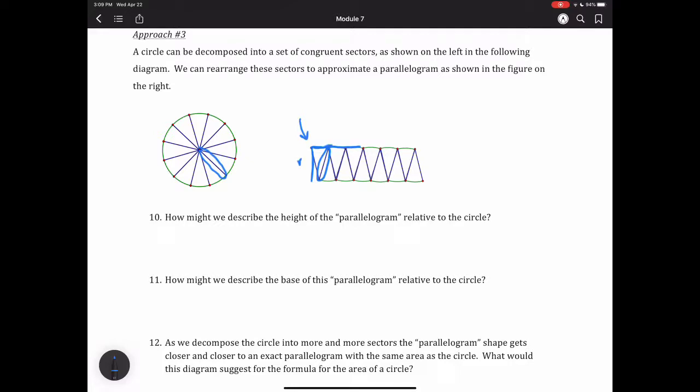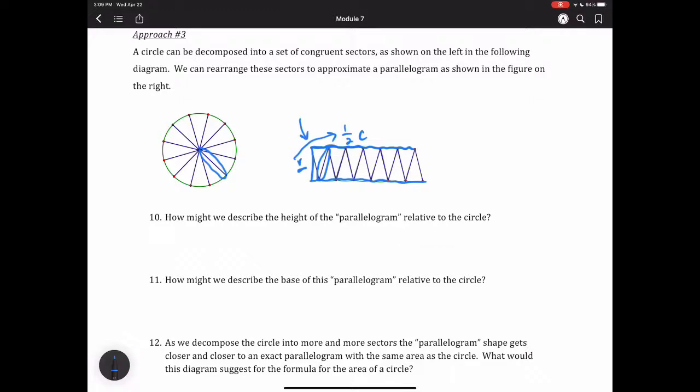And then this piece up here, if we look at that, that's going to be 1/2 of the circumference, right? Because the other half is down here. So if we're looking for the area of this parallelogram, we could define the area as r times 1/2 the circumference, right?